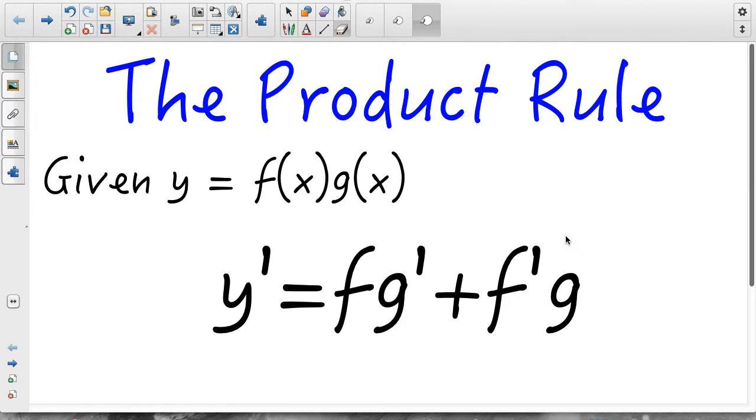So that is the product rule. That's the way I like to remember it. It's a lot easier to remember in this notation than with all the d over dx and the f of x notation. This is the easiest way, I think, to remember it.